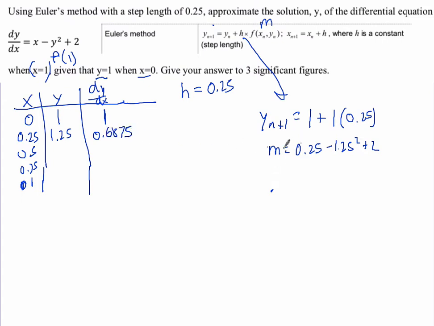Okay, and then to get your next y value, you'd use this formula again, right? You get your previous y value, which is 1.25, plus the step value, which is 0.25, times your slope, which is 0.6875.